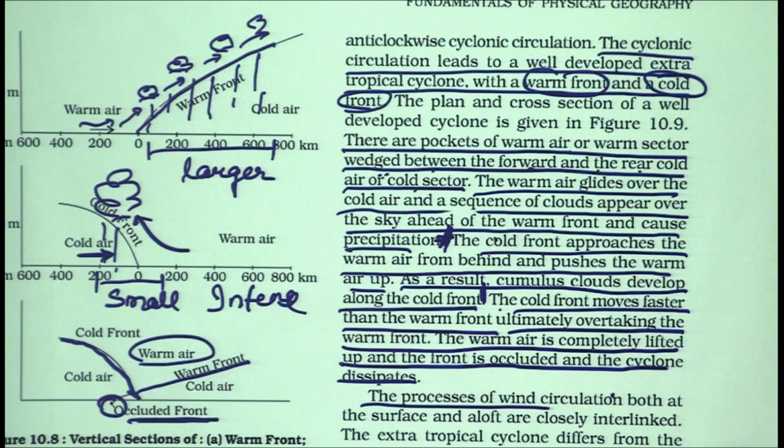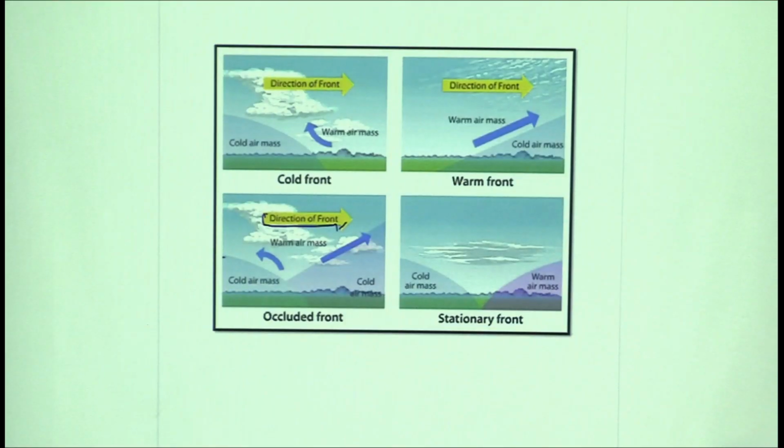The processes of wind circulation both at surface and aloft are closely interlinked. The extratropical cyclone differs from tropical cyclones in a number of ways. We will be talking about it in detail. Let us quickly take the support of this diagram. When two air columns converge with each other, they develop a stationary front.